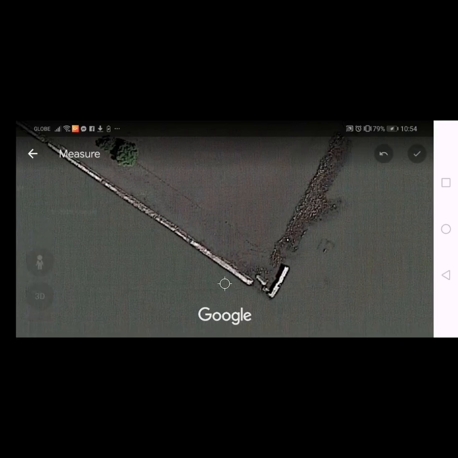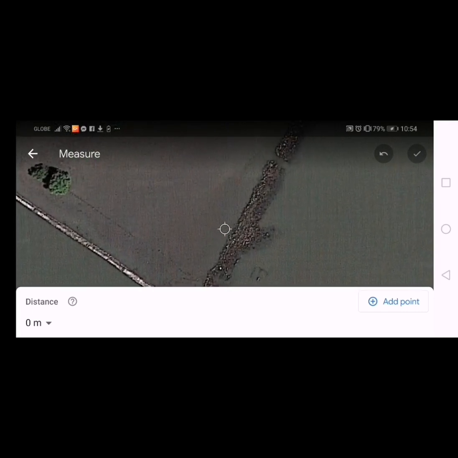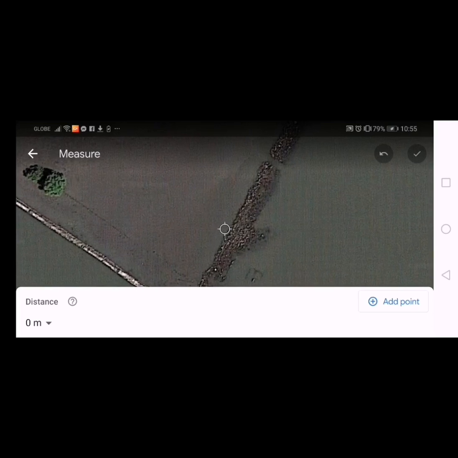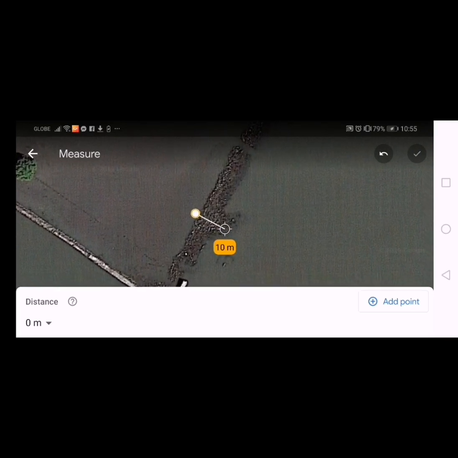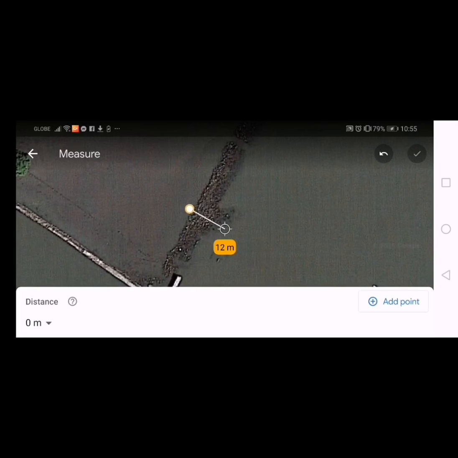We're gonna pull up again the scale. From this point to the other side of the wall, it's 10 to 12 meters. That's how wide it is.